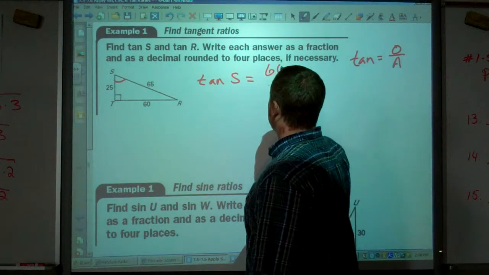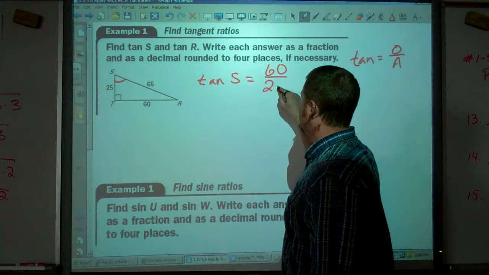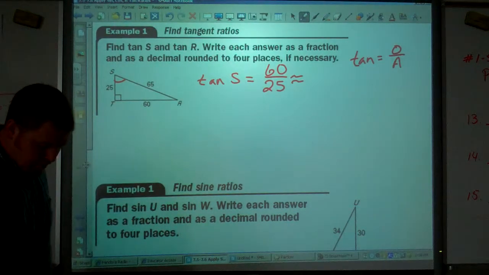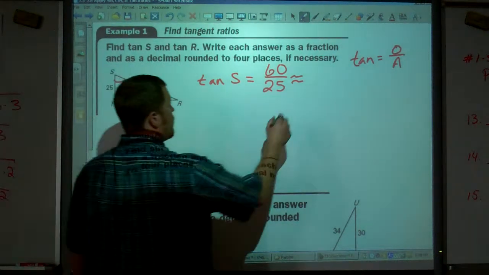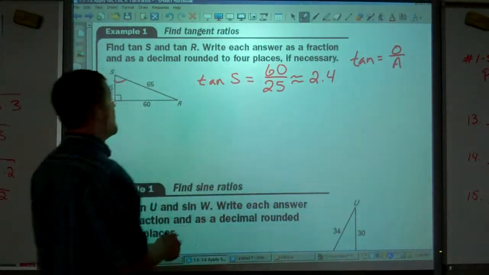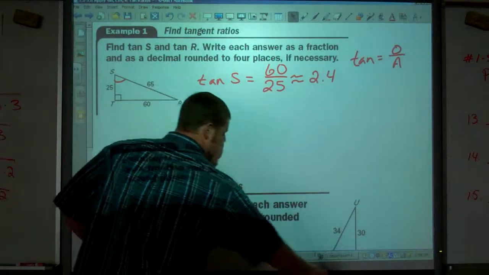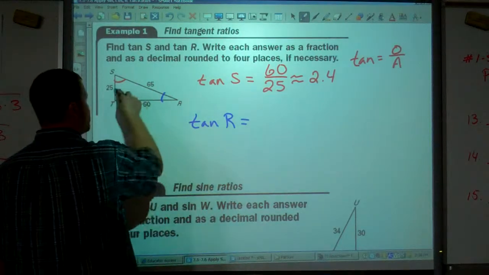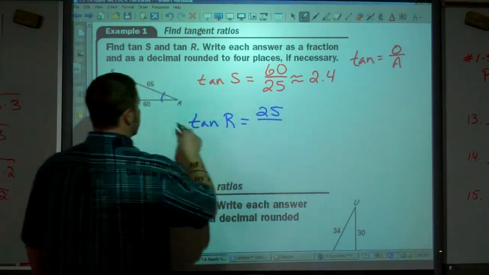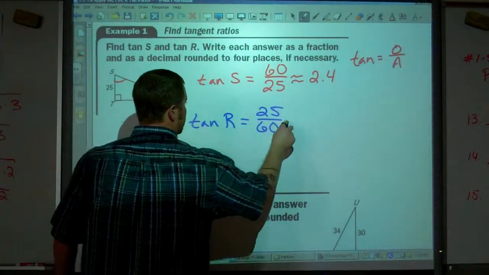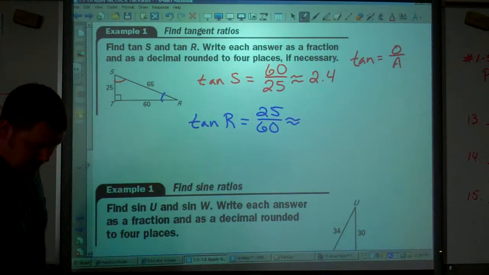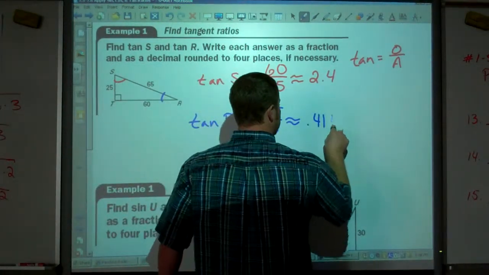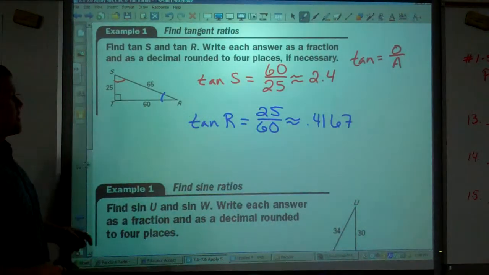Opposite 60 over adjacent 25, which is 60 divided by 25, or 2.4. Now find the tangent of angle R. The tangent of angle R equals opposite over adjacent, 25 divided by 60, which is about 0.4167.